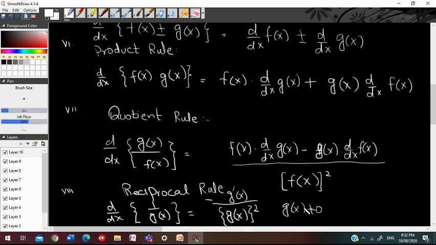Maybe these rules are looking very difficult, but when you apply these rules on your exercise, you can see these are not very difficult rules.